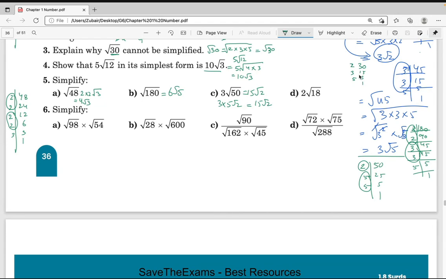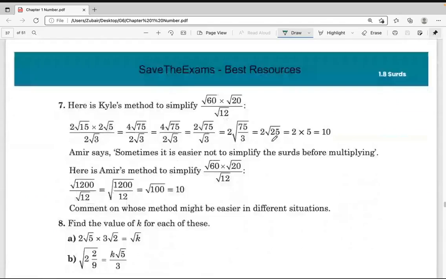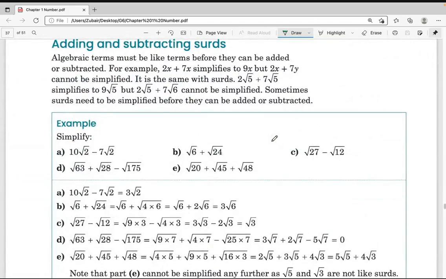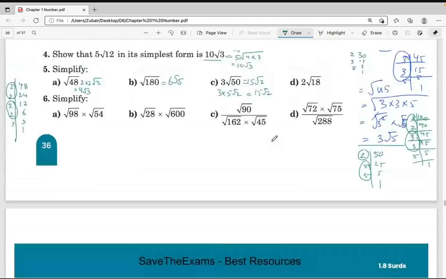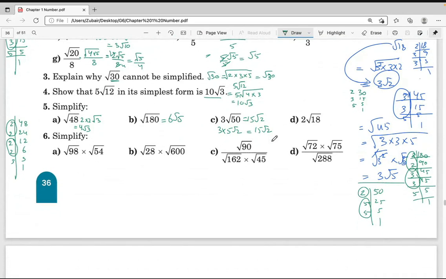Part D. 2 square root 18. 18 is 9 times 2, 9 is 3 times 3, so it will be 3.